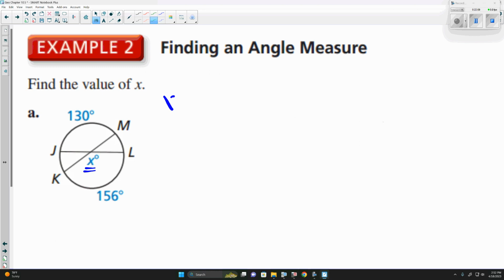So x, according to the theorem, is equal to half of 130 plus 156.